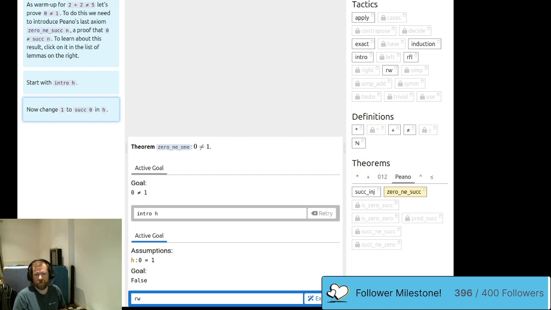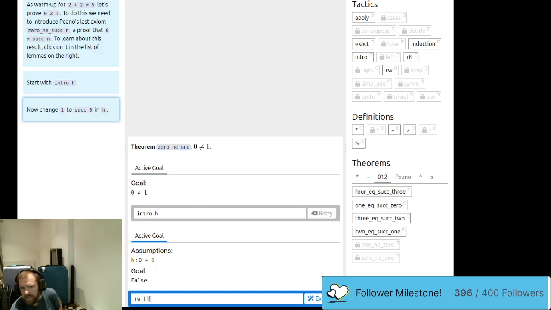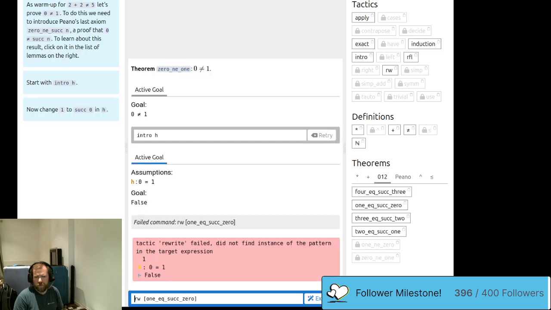We're going to rewrite what is 1 equals successive of 0.